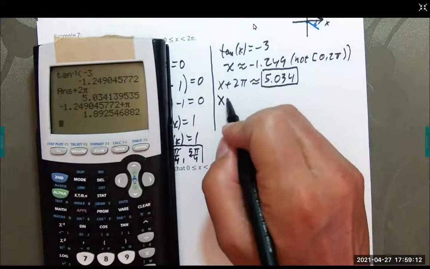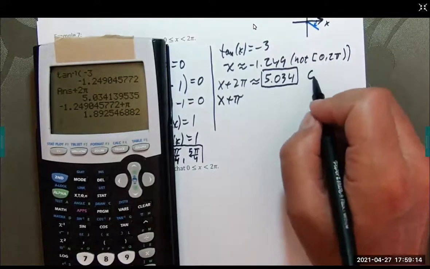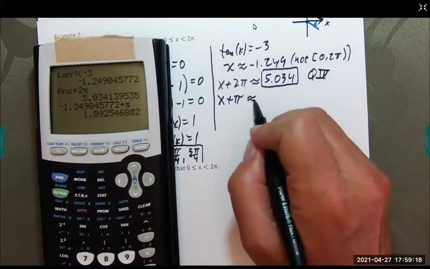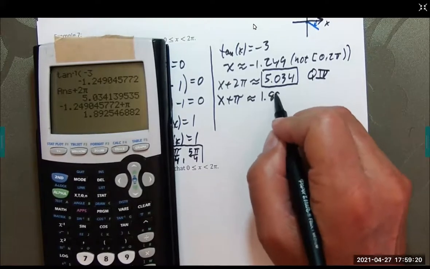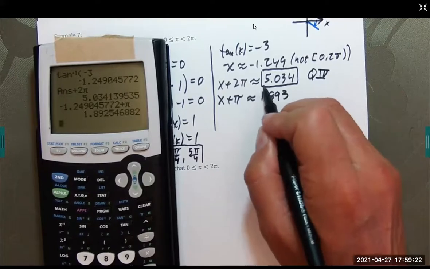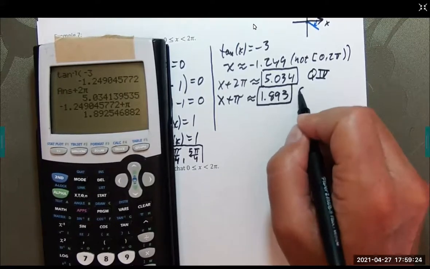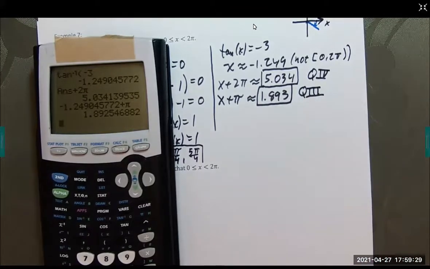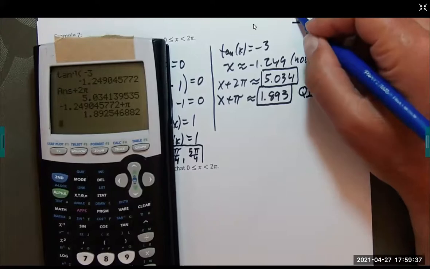So x plus pi will give me the one. This is in quadrant 4, and by adding pi, I got 1.893. And this is the angle in quadrant 3 in radians. That one you're going to have to take some time to really think about and push around a little, because we want that angle as well as that angle.